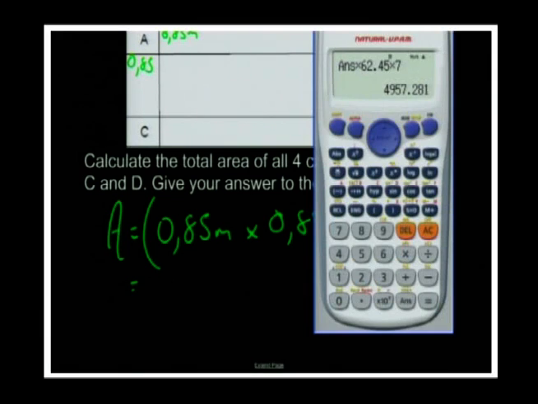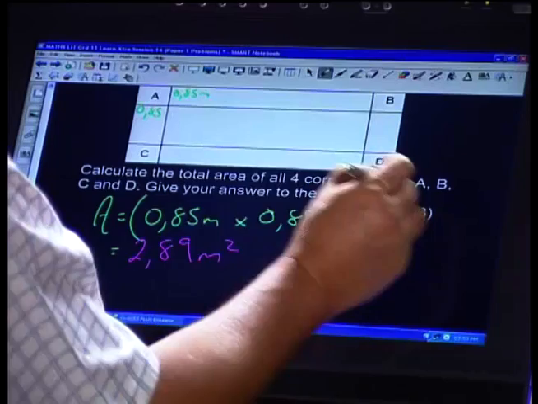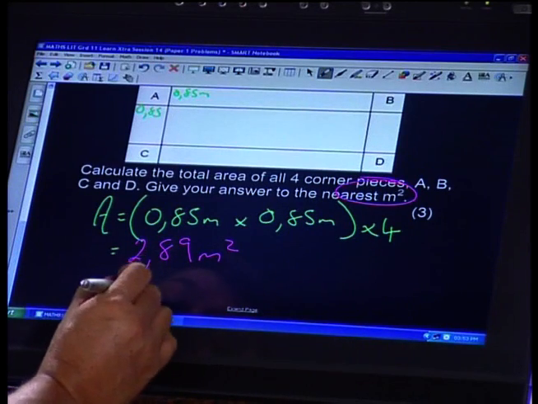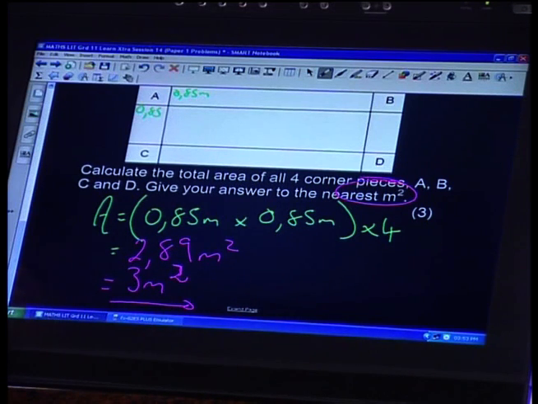So on my calculator, 0.85 multiplied by 0.85, multiplied by 4 equals, and my answer is 2,89 meters squared, because I'm dealing in area. The question says don't round to 2 decimal places for this question, folks. Round to the nearest meter squared, and the nearest meter squared is 3 meters squared. Happy?